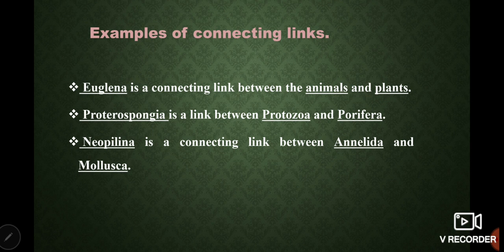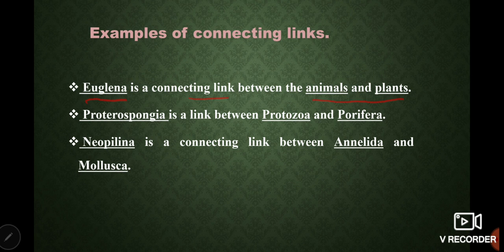Now we have the first example of Euglena, as you can see here. Euglena is a connecting link between animals and plants. I will tell you how. Euglena is a protozoan and it has chloroplast present in it, and it carries out photosynthesis. Presence of chloroplast and carrying out photosynthesis is a character of plants.